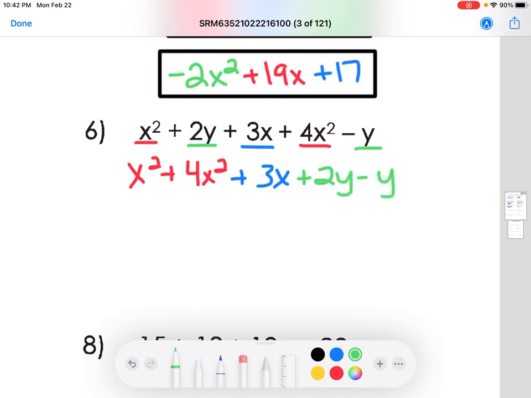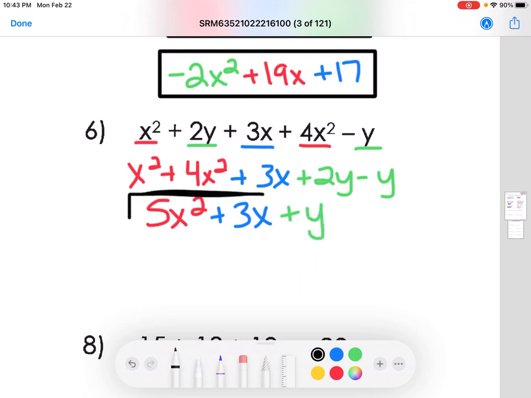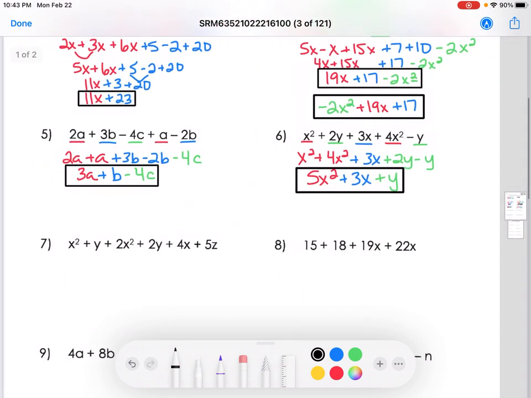So 1x squared plus 4x squared would be 5x squared. Nothing to combine with my x term. And then I have 2y minus 1y. So that would be plus 1y. This can't be simplified any further. So that would be my expression.